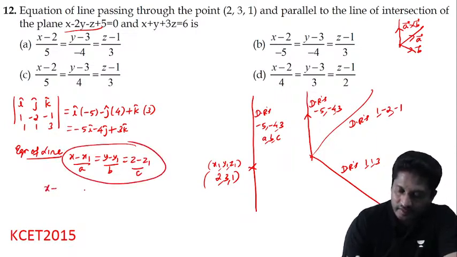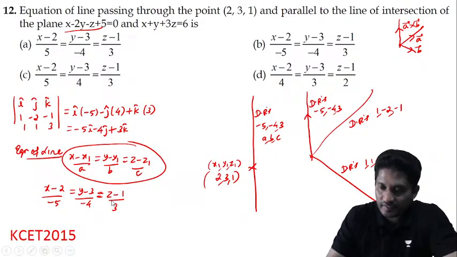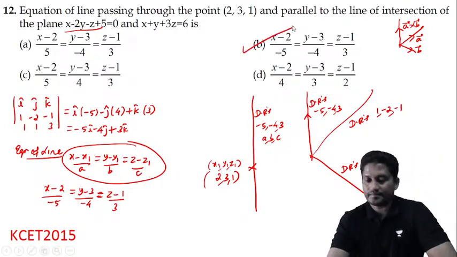Now x minus x1, 2, divided by a is -5, y minus y1 is 3, divided by b is -4, and z minus z1 divided by c is 3. Answer should be option B only.